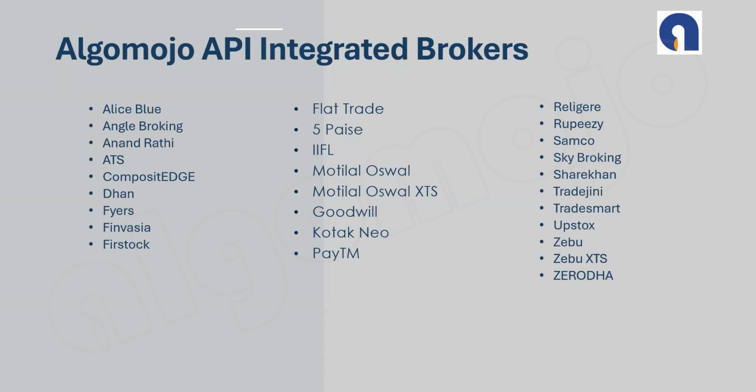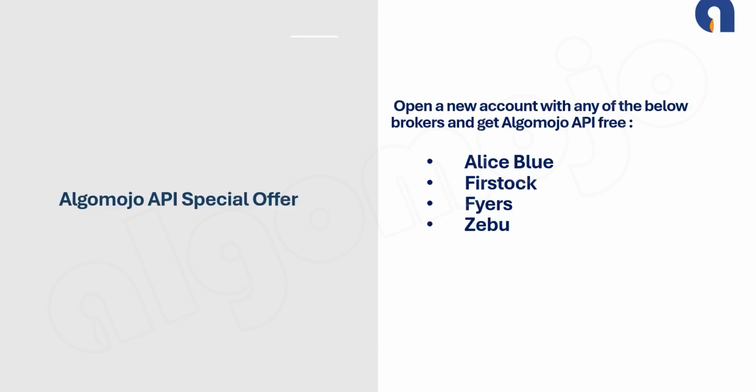You can get a trial to use the APIs with any of these brokers. However, if you open an account with any of these five brokers, Done is also another broker, sorry, it's not in this list. If you open an account in Alice Blue, Fyers, Zebu, or Done, you get APIs free of cost for life.